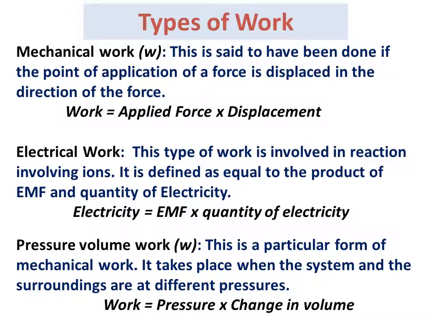So we have discussed energy and work. There are different kinds of work we can take out from energy. We will discuss a few kinds of work, like mechanical work. We have already discussed that work is applied force into displacement. And electrical work also. So what is electrical work? It is defined as the product of EMF and quantity of electricity. What is EMF? It is electromotive force. How is this work done?